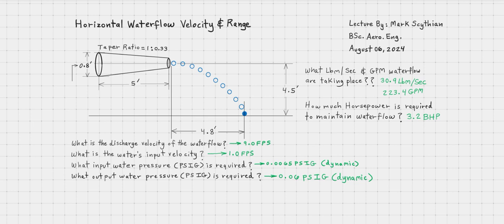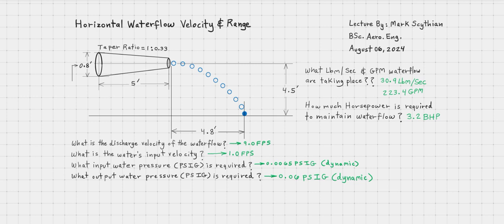And so whatever hydraulic pump is driving that water, its drive motor or engine would have to be rated at a 3.2 brake horsepower output, which again is only 1/3 of the total input power if it's a gasoline engine.